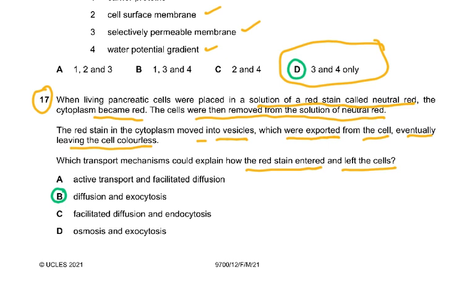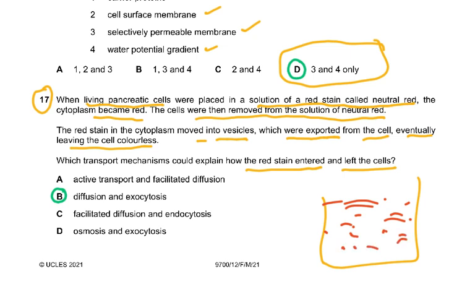So it says living pancreatic cells were placed in a solution of red stain. So we have a red stain, and what do we do? We put living pancreatic cells in it. And they say the red stain in the cytoplasm moved into vesicles which were exported from the cell, eventually leaving the cell colorless.